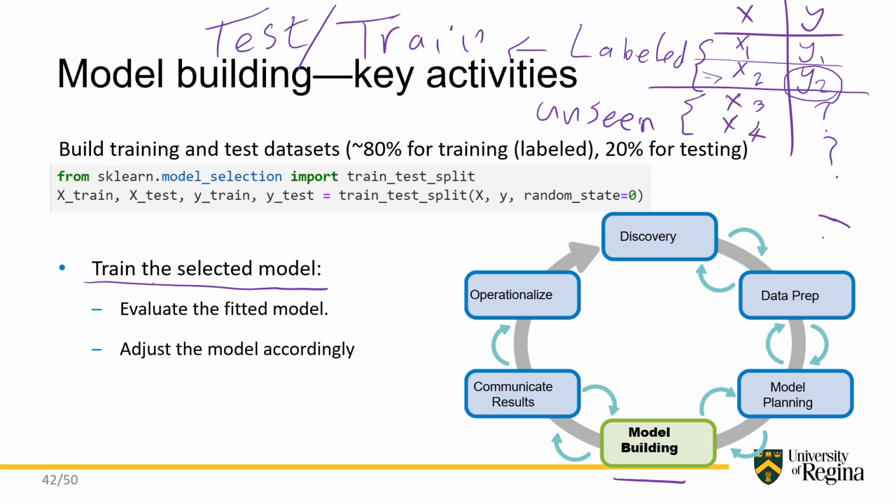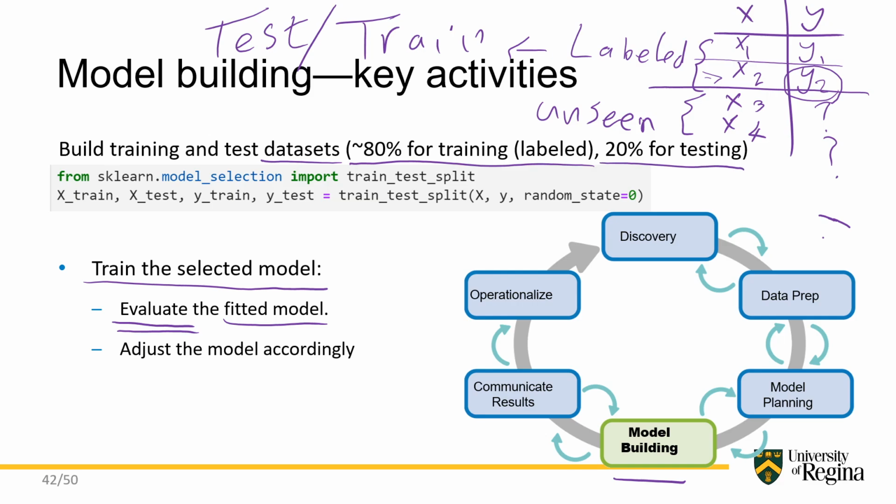So when we select a specific model, we need to evaluate the fitted model. Because of that, we usually get our data set, which is all the labeled data. So all the labeled data that we have, we get access to it, and then we try to get around 80% of it for training and 20% for testing.